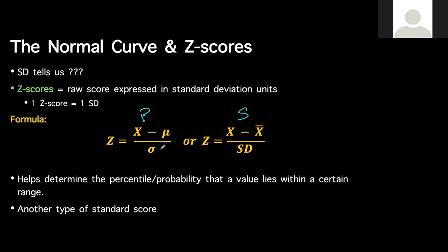So usually mu and sigma indicate that you're calculating population parameters. And when you see English or alphabet letters, those are sample. Because we're not as sophisticated as the population.